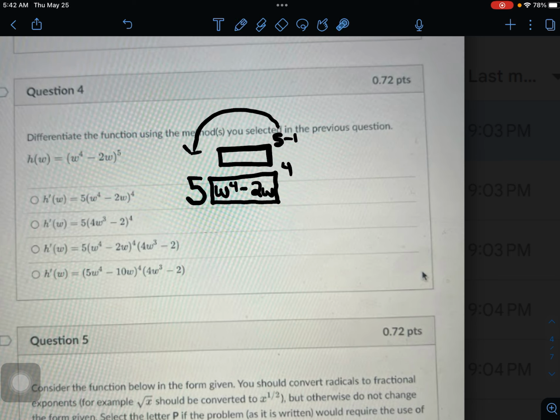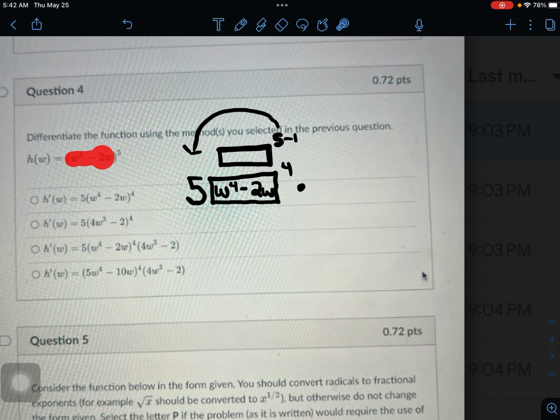So again, I took the derivative of the outside function. That gave me this. Evaluate it at the inside function. And there's one last step with the chain rule. Then you have to multiply it by the derivative of the inside function.